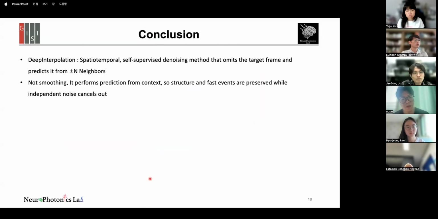So again, just for everyone, and maybe I misunderstood, there's plus or minus n neighbors, right? What's the n? How do you determine n?